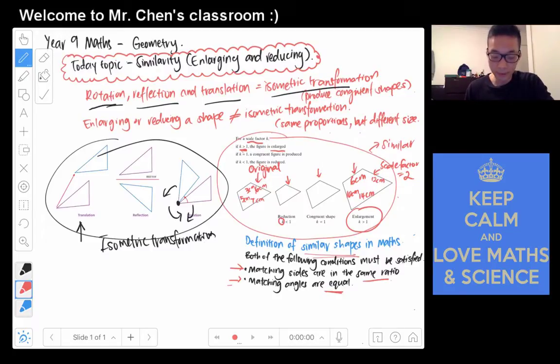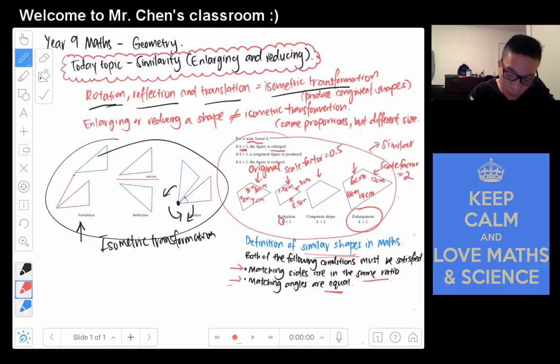On the other hand, if the scale factor is less than 1, the figure is smaller. Let's say the scale factor is 0.5, which means everything is 50% of the original size, because it is half. So that will become 1.5 centimeters, that will be 3 centimeters, that matching side will be 3.5 centimeters, and that matching side will be 2.5 centimeters.